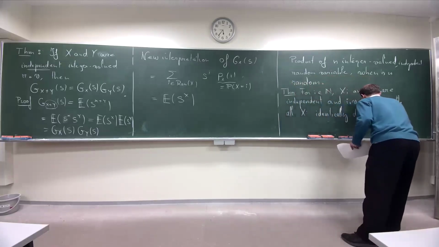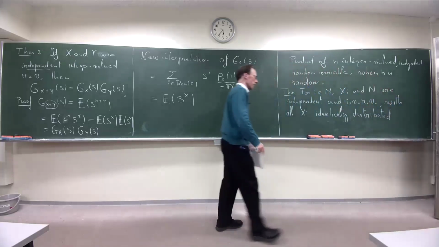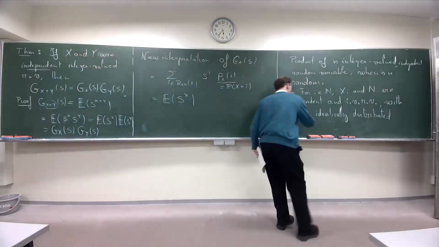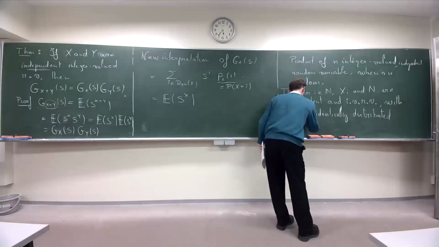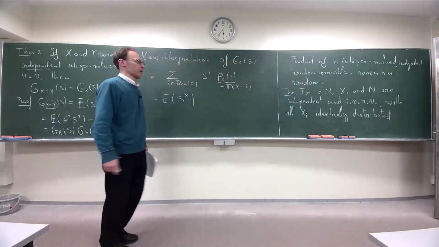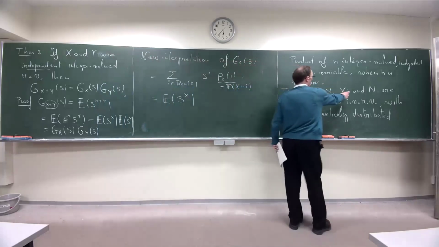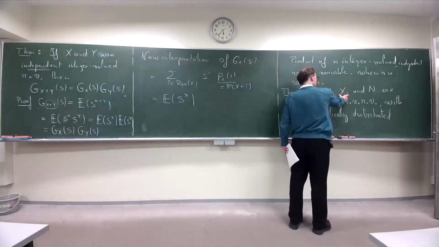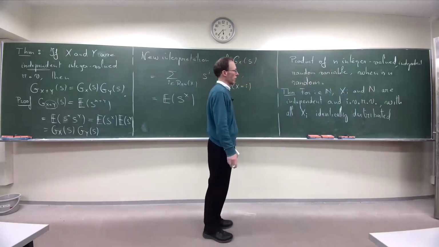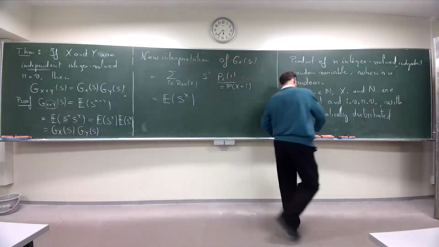So it means, for example, they are all Bernoulli random variables or all random variables of a certain type. They are all the same. So it means you repeat n times the same experiment with the same outcome. So we have a certain number of random variables, integer valued, and another new integer valued random variable. They are all independent, and all Xi are identically distributed.